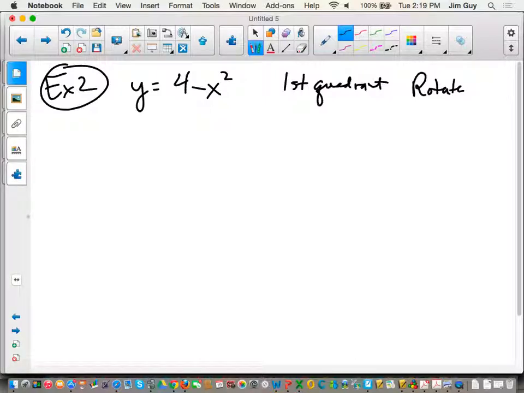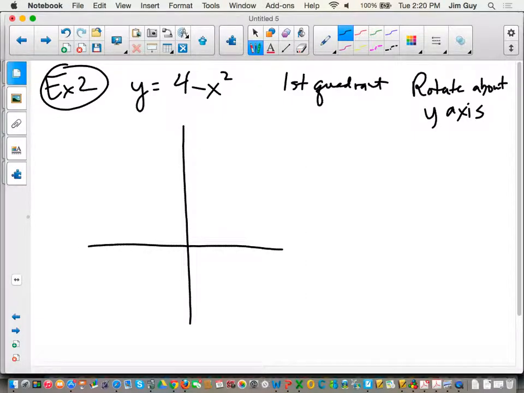So we would draw it out, sketch this. So you get 1, 2, 3, 4. And the first quadrant, so here's your curve, goes like this, not really drawn to scale. You get the idea. So here's my original shape, that's all in the first quadrant.